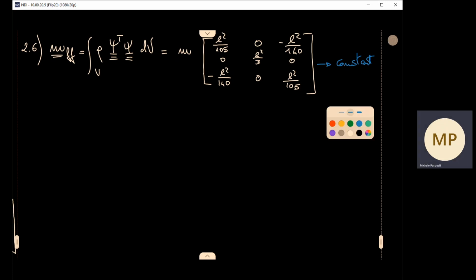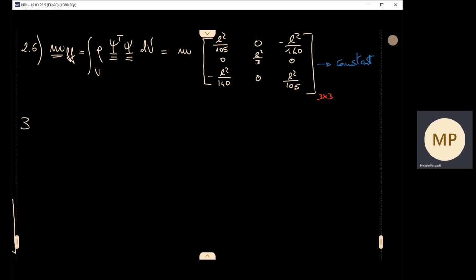Now, we have derived, first of all, the shape functions matrix, psi. Then we have derived the mass matrix. What are the other quantities that we need to be able to completely define and to write down Newton-Euler's equations? We need the stiffness matrix, for example. So let's do it.